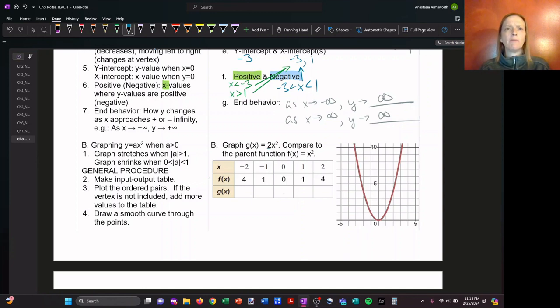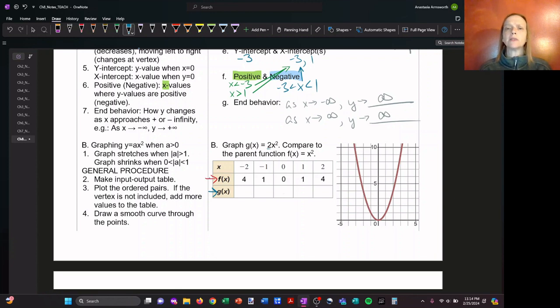Well, here as f of x, I've got this original x squared function drawn here, and I've got it graphed here in red. And so now we want to compare this to the new g of x function.